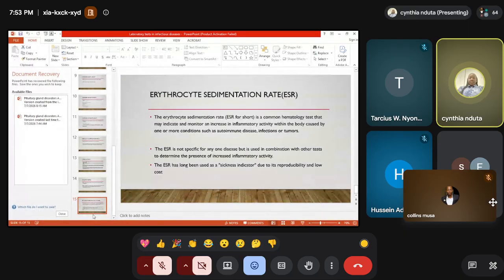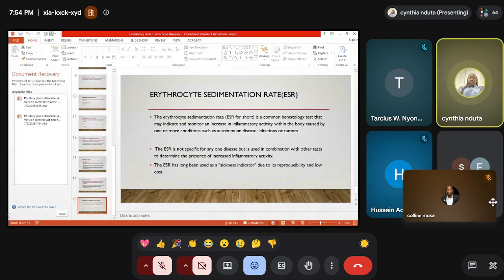Tests like ESR used to be done a lot in the past. I think some of you might remember this ESR. However, the problem with ESR is it is not specific. Yes, you can do it to show inflammation, but you don't know what kind of inflammation you're dealing with. Yeah? Is it a bacterial infection? Is it an autoimmune reaction? You are really not certain.